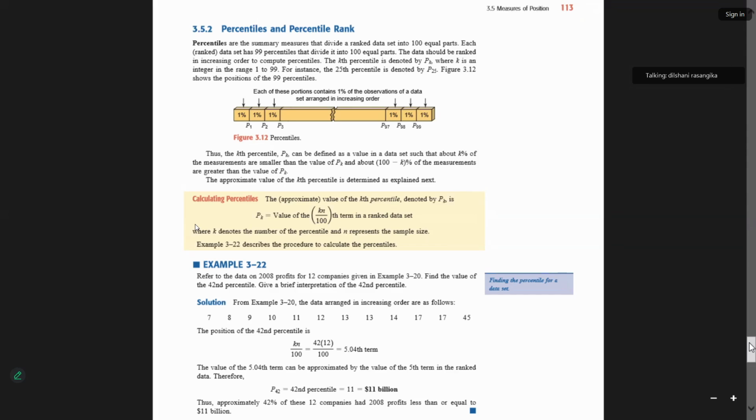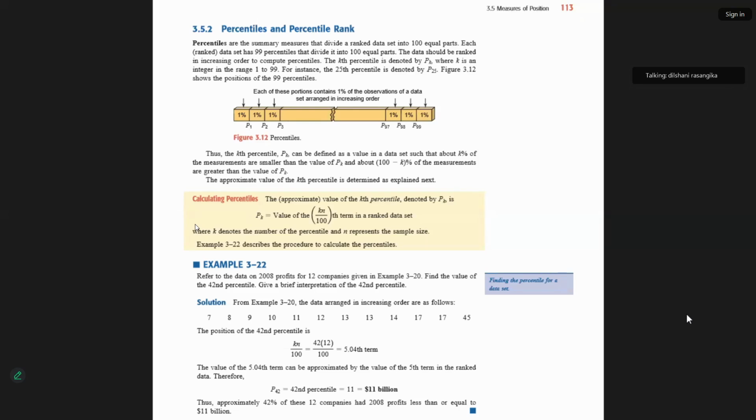Before that, we need to discuss percentiles, right? Okay, the percentiles and percentile rank. Then what do you call percentiles? I think you can read this slide. So what do you mean by percentile?